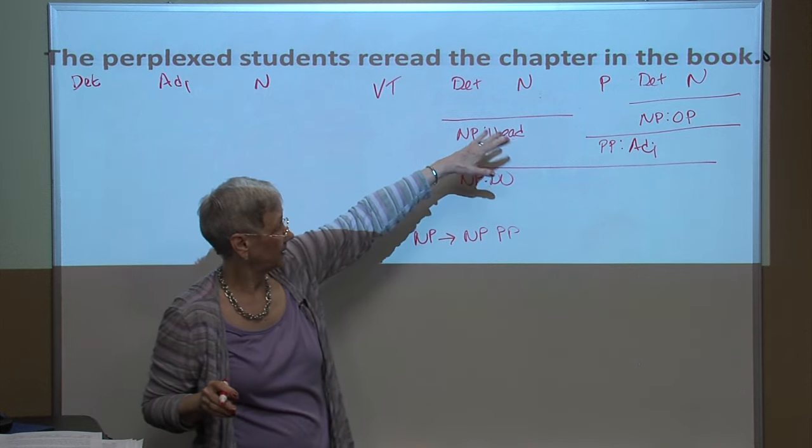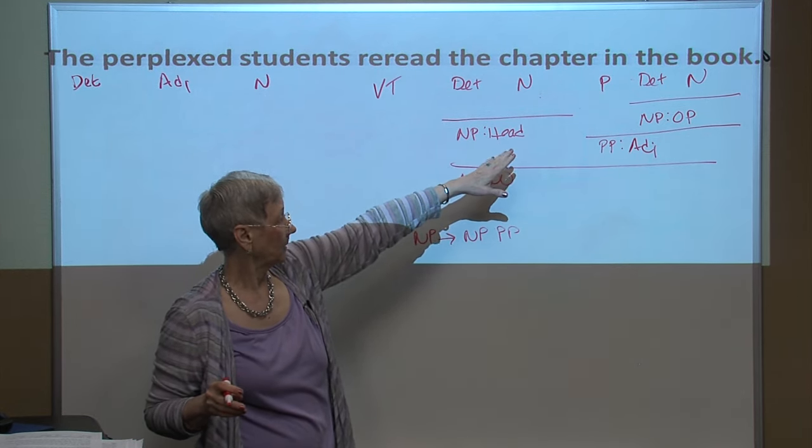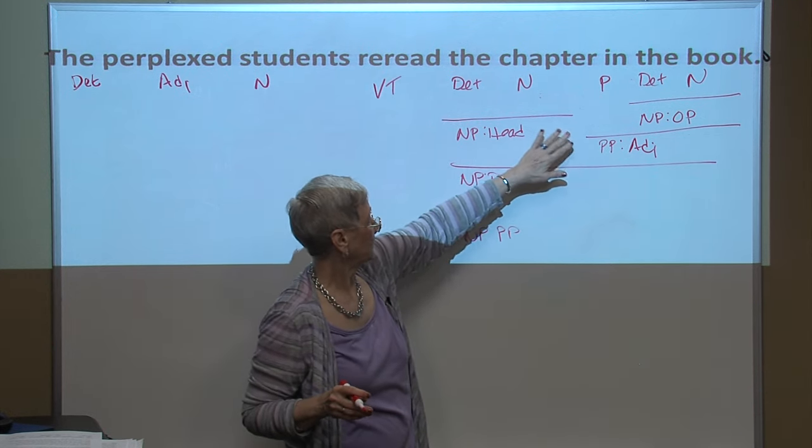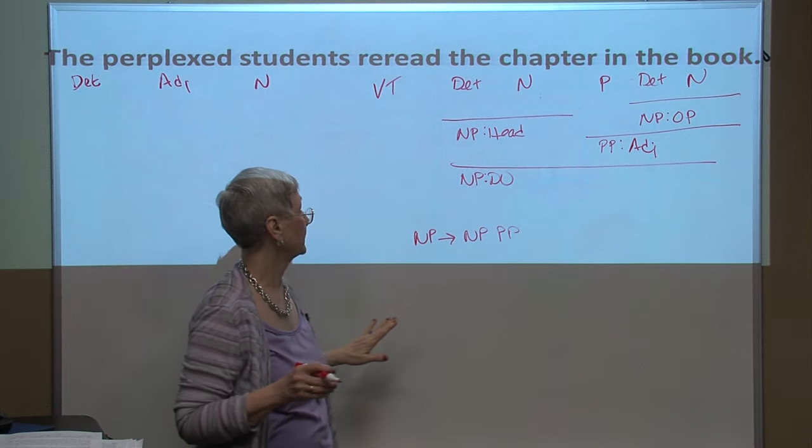So we see a good example of the hierarchical structure of the language here, how we have two constituents combining to make the larger noun phrase functioning as the direct object.